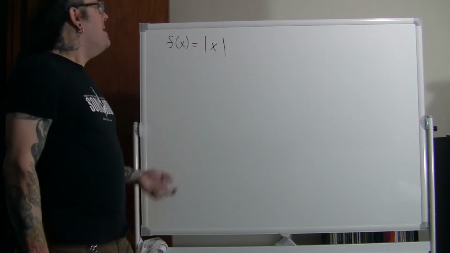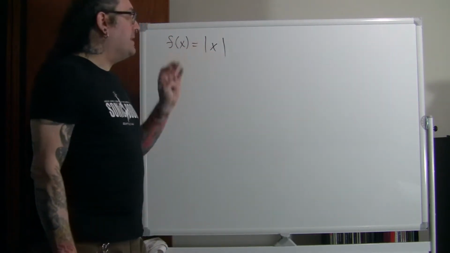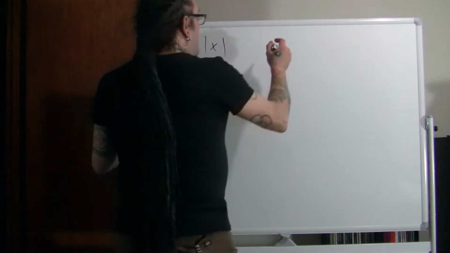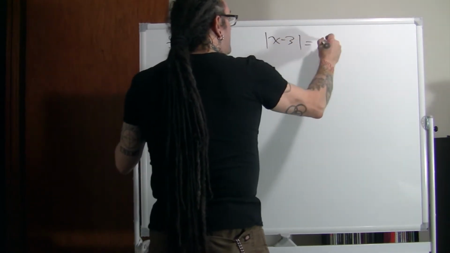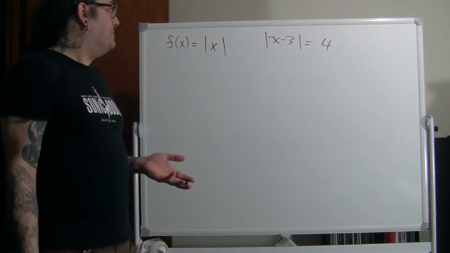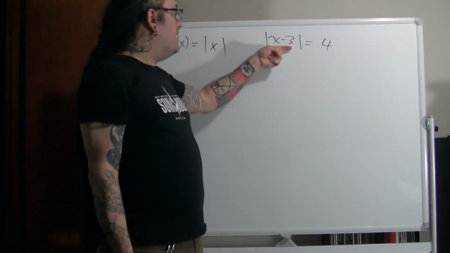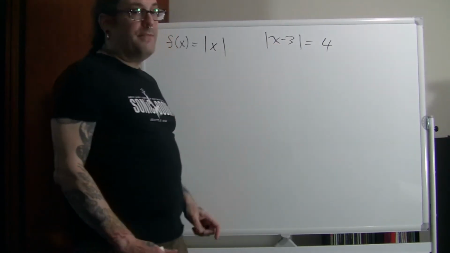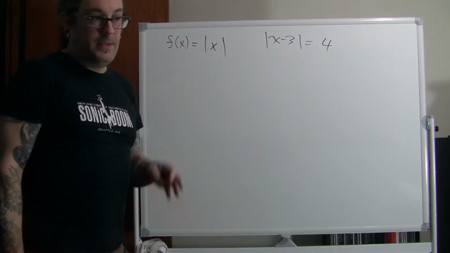We talked about that. But now we actually have to talk about what we do algebraically, and here's the reason why. If I ask something like the absolute value of x minus 3 is 4, what happens? Well, we have to figure out what number goes in here for x, and if I had no absolute value bars, I would add 3 to both sides and I'd have my answer.